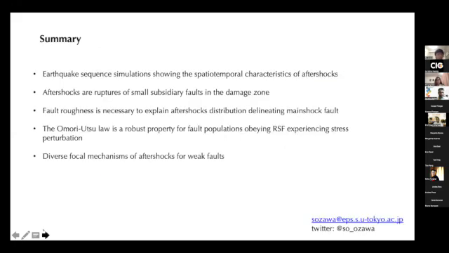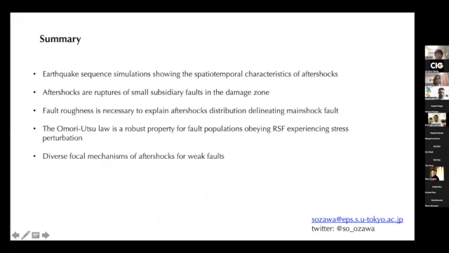So this is a summary of my research. I think this is one of the first earthquake sequence simulations showing many different spatial and temporal characteristics of aftershocks. In my model, aftershocks are ruptures on small subsidiary faults located in the fault damage zone. As you saw before, fault roughness is necessary to explain the aftershock distribution delineating the mainshock fault.